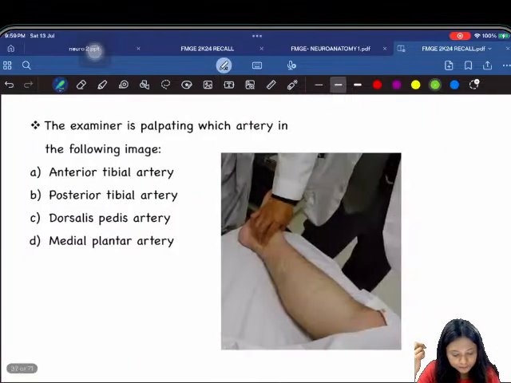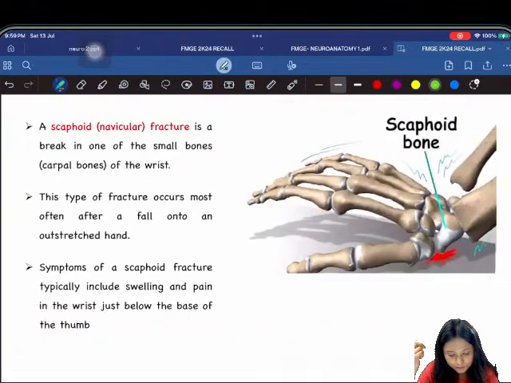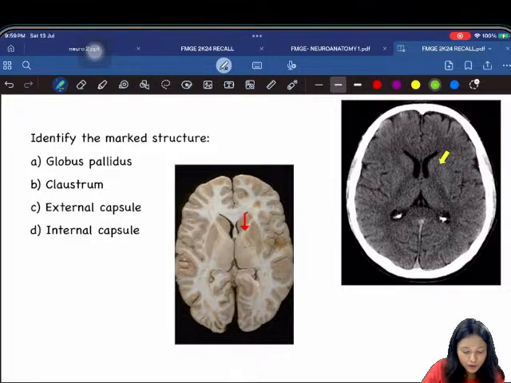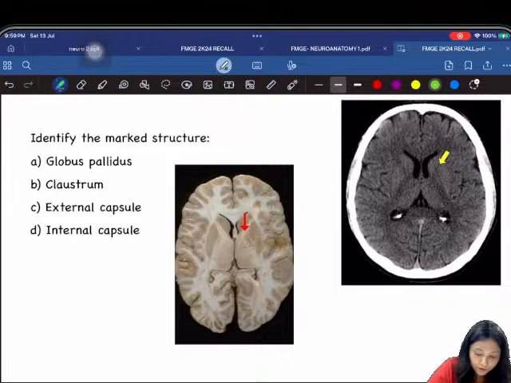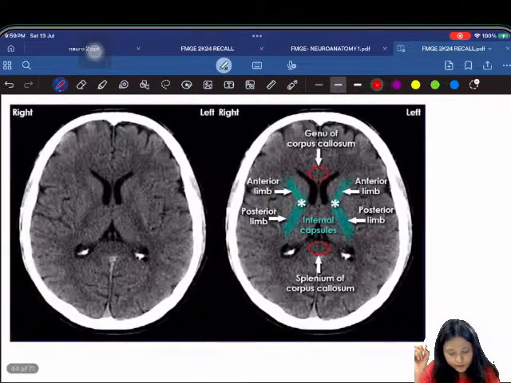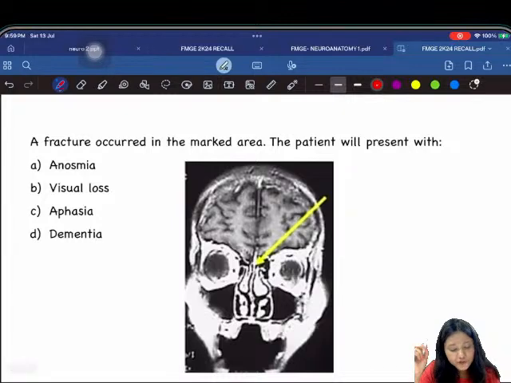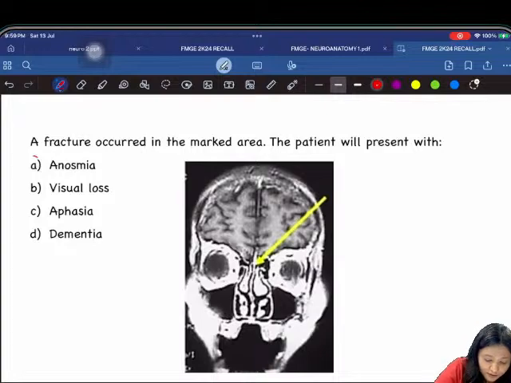Okay, let me see if there was another neuroanatomy question. Yeah, so this also came: the internal capsule, which we have already marked the answer. This was your internal capsule. And in neuroanatomy, I think there was a question on a fracture in the nasal bridge, so that was your anosmia.